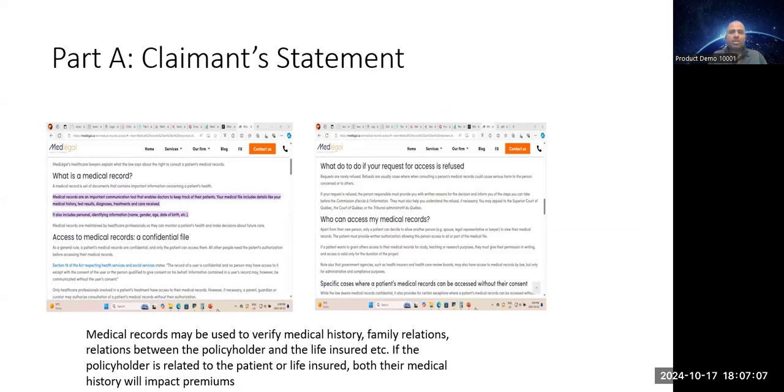You are required to declare your medical history in certain situations, not only your own but also the medical history of your family. Based on what you declare, the insurance company might give you a policy rating or increase your premiums altogether.